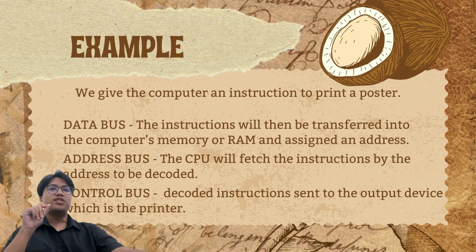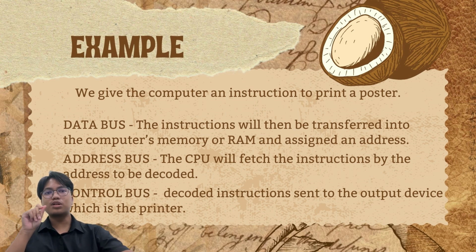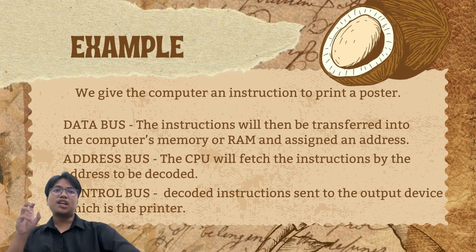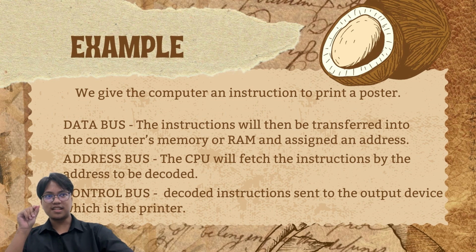Using data bus, the instructions are transferred into the computer's memory and assigned an address. Next, using address bus, the CPU will fetch the instructions by the address to be decoded. Then finally, it will use control bus to send the decoded instructions to the output devices, which in this case is the printer. Alright, and that's it.